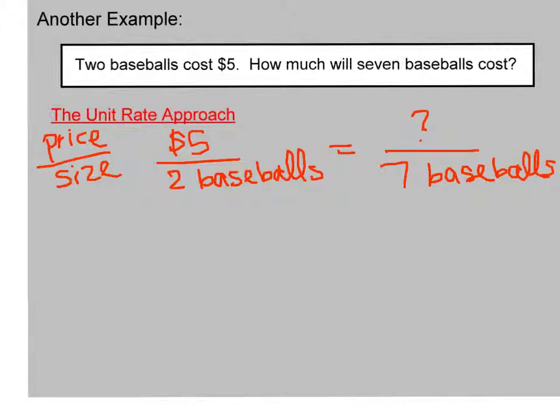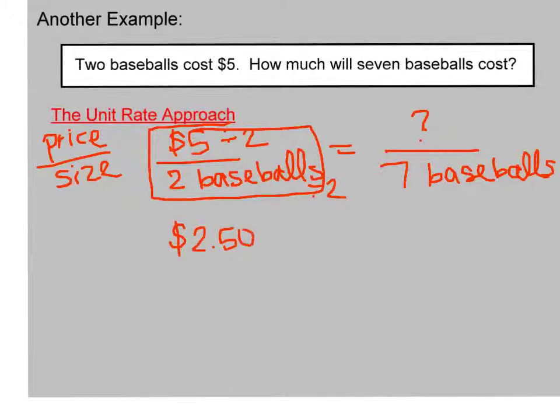And now I'm going to look within the ratio and figure out how much it costs for 1 baseball. So the math is to divide 5 by 2 and see that each baseball will cost $2.50. So $2.50 for 1 baseball.